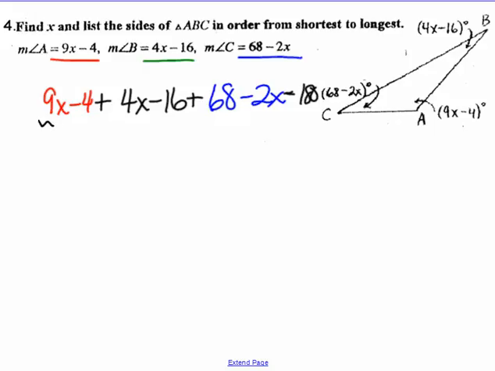So again, we're going to combine like terms. I've got 9x plus 4x is 13x, minus 2x is 11x. Then I've got negative 4 minus 16, which is a negative 20, plus 68, which is 48. So we're going to say plus 48 equals 180.